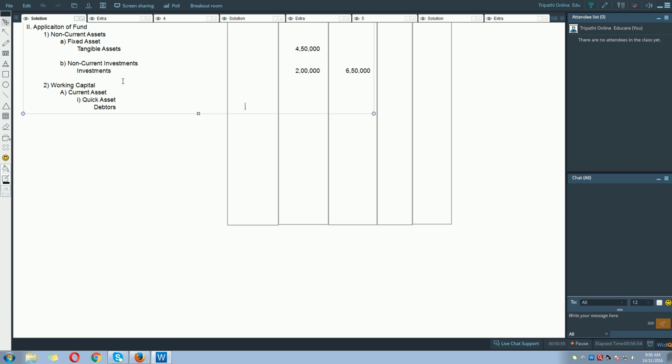In this, first we will have to take current asset, under current asset, quick asset, then debtors.